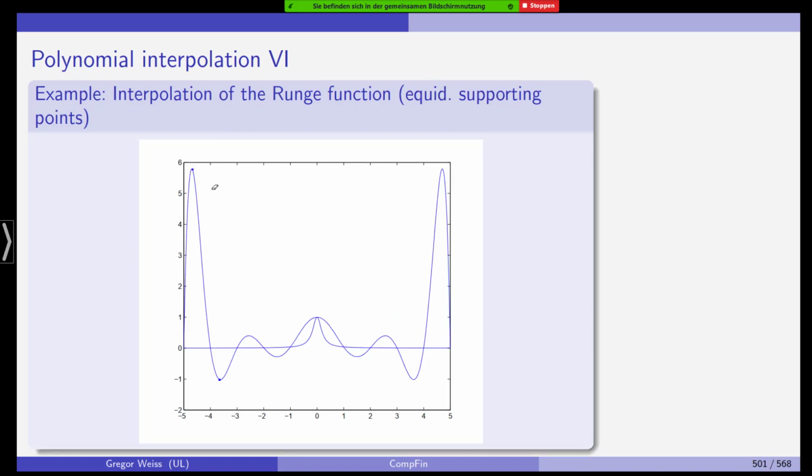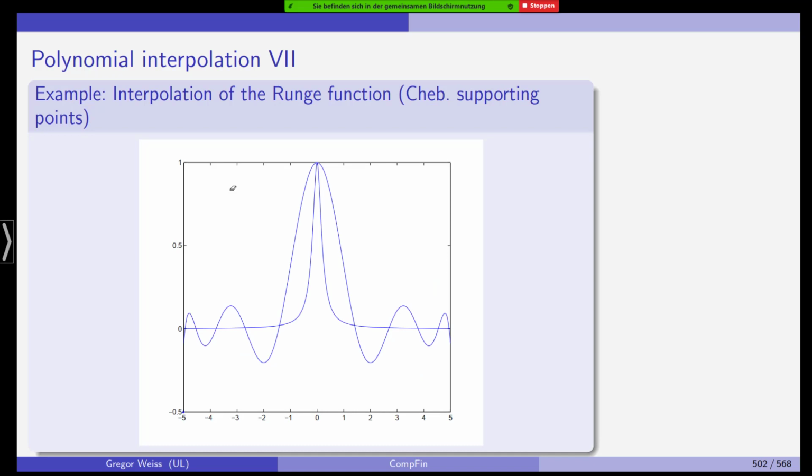As you can see here, with the usual equidistant supporting points, it oscillated up to 6 on the y-axis. For the Chebyshev supporting points, it oscillated well between 0 and 1, even before reaching its peak.